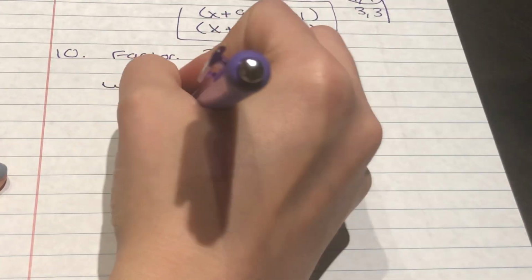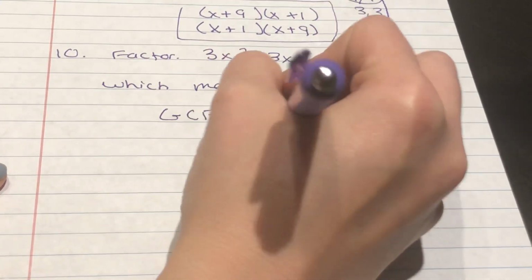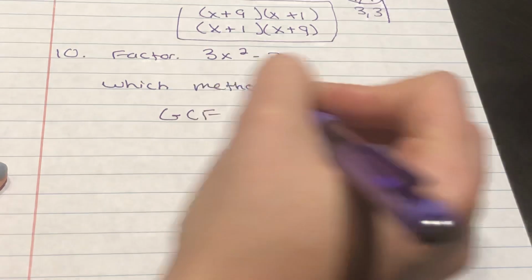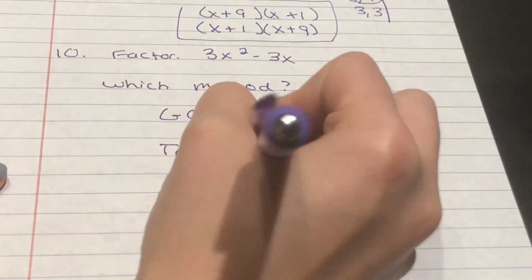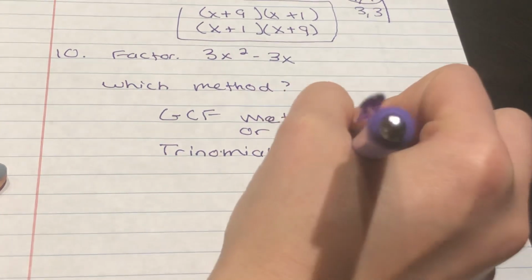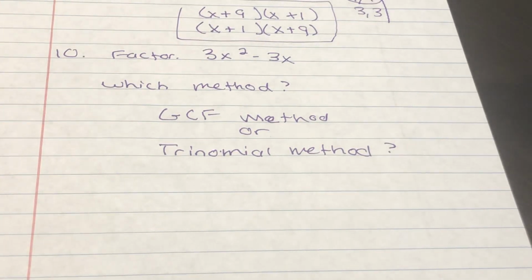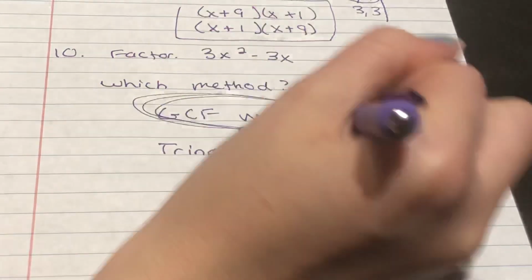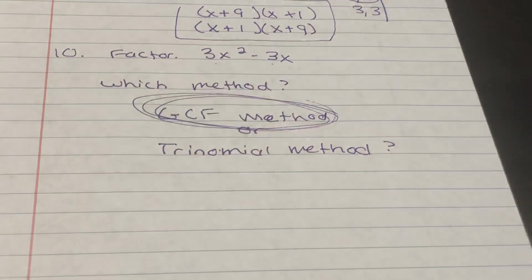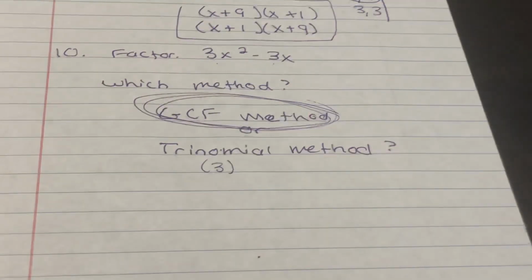Should you do the GCF method or the trinomial method? And the answer is GCF, okay? Because it only has 2 terms, not 3. Trinomial is when you have 3 terms, okay?